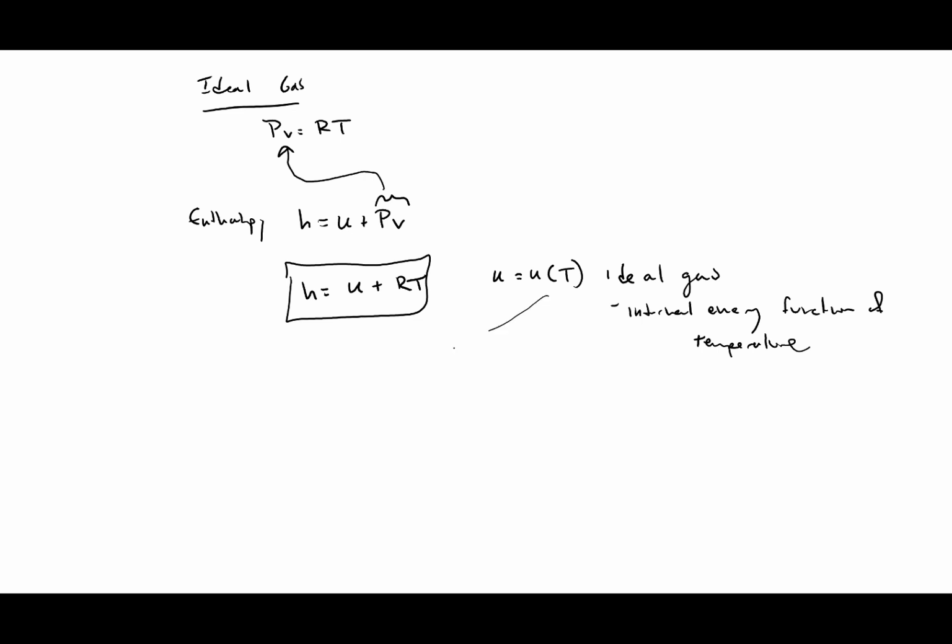We know that the internal energy is a function of temperature only, and then we have the gas constant multiplied by the temperature. So basically for an ideal gas, the internal energy and enthalpy depend only on the temperature.